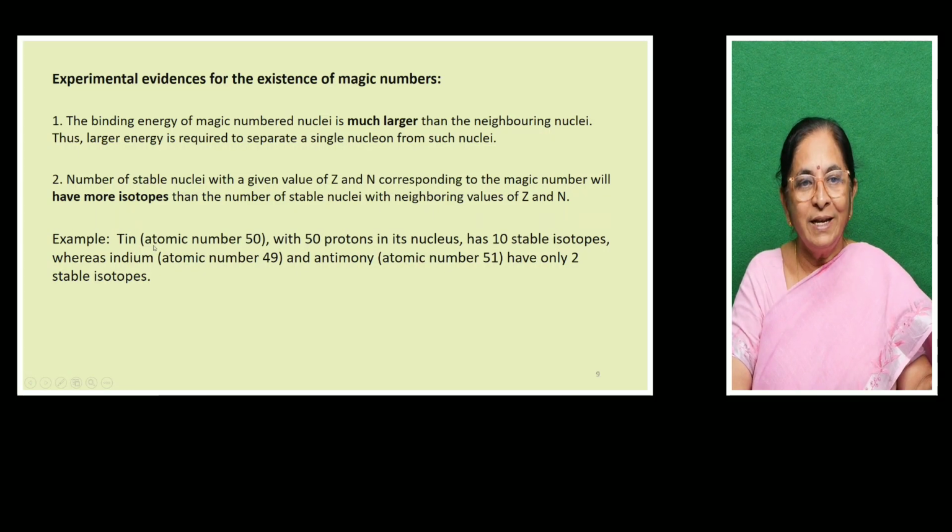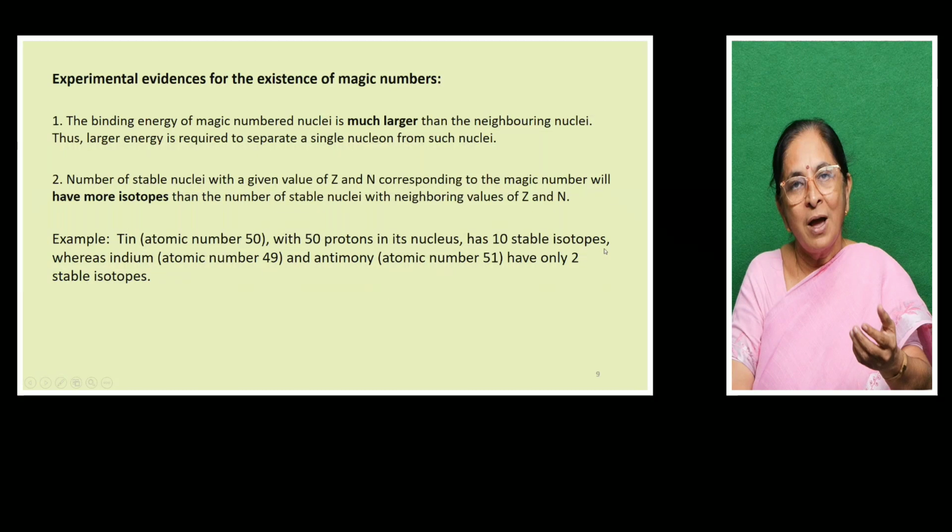This tin has 10 stable isotopes. That's what we say here: if the nucleon number is equal to one of the magic numbers, such nuclei will have more isotopes. Now the proton number is 50, so this tin has 10 stable isotopes. In the previous slide I showed how hydrogen had 3 isotopes.